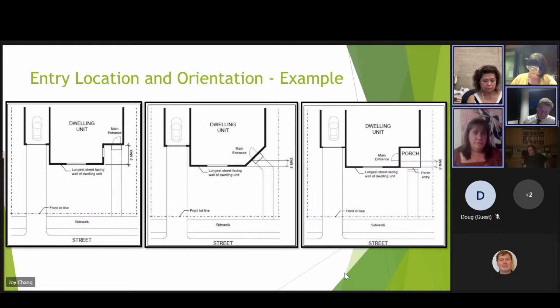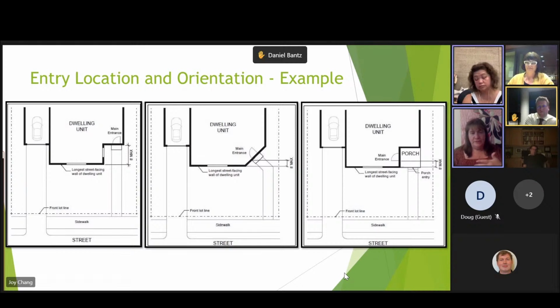Perfect. So Joy, are you able to codify or draft something for that idea? What we have to have is 2 or 3 examples with the percentages lined out as staff would do it in a pre-app meeting, to say, okay, we were going to look at the Second Street application that came in and say, what percentage of this front street and what percentage of the side do we like, or is it enough?